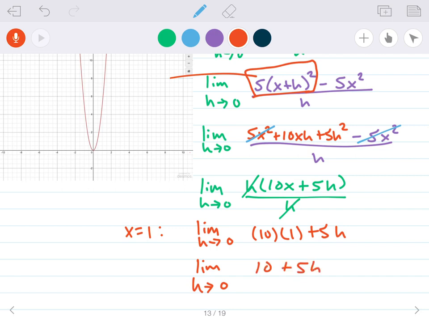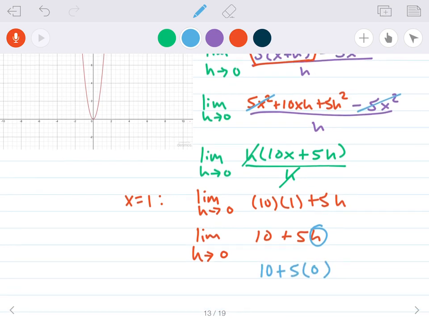And now I just have to plug in 0 for h. And so that is going to give us 10. Okay, so what did I just find? Therefore, let's write it out in words.